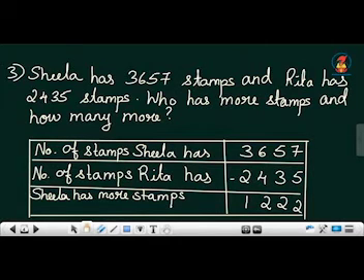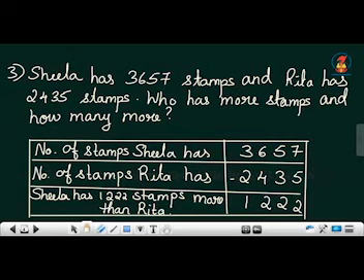So, I will just rearrange the statement. You can write it like this children. Instead of writing more there, you can write Sheila has 1222 stamps more than Rita.